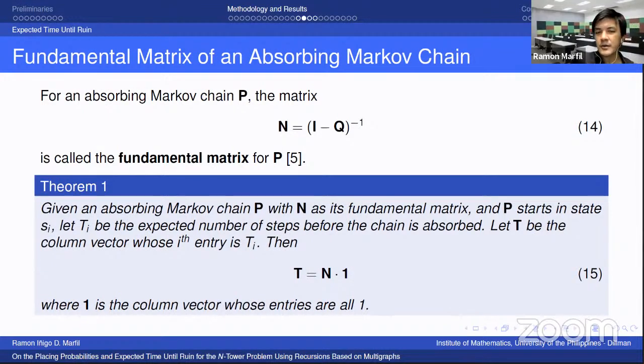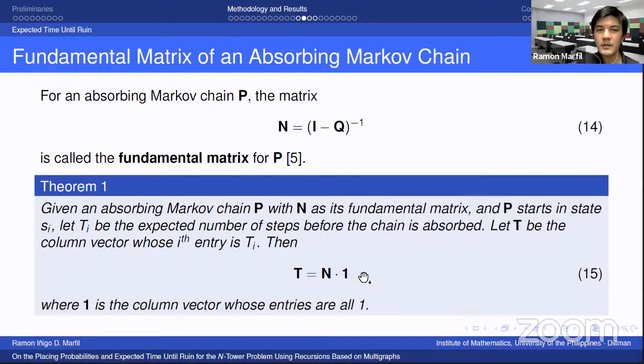So expected number of steps, ibig sabihin, ito yung number of rounds bago may matalo or bago may player na may maubos yung wealth. Okay? And let T be the column vector whose ith entry is T sub I. Then T is equal to the product of the matrices N times 1, where 1 is the column vector whose entries are all 1. Okay?